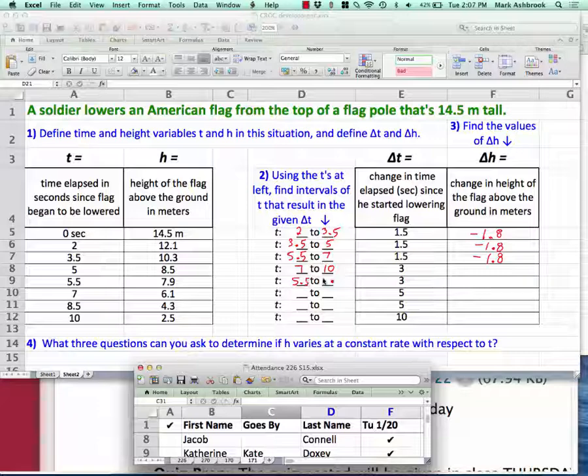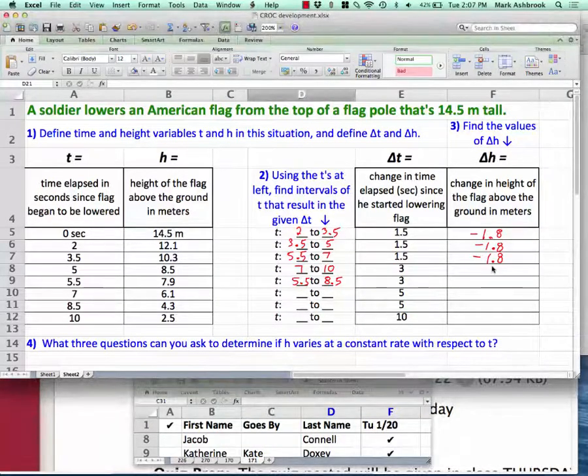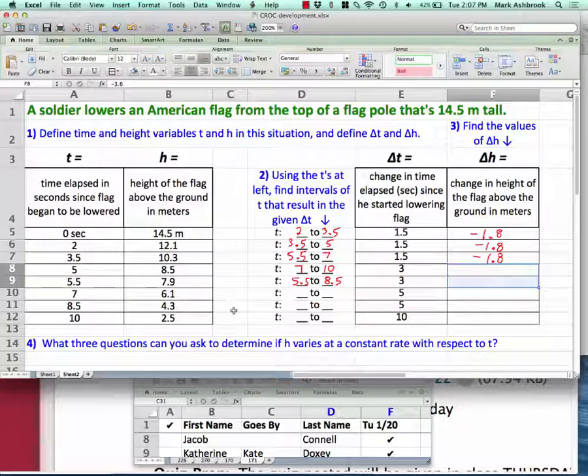And John, did you calculate the corresponding delta h for those? Just tell me how you would do that. So if you're going from 7 to 10 in t, what would you do to calculate the change in h?